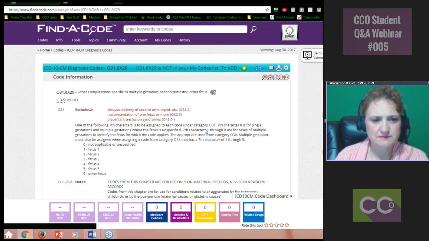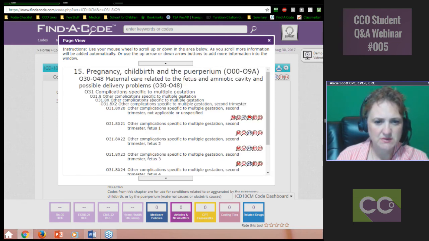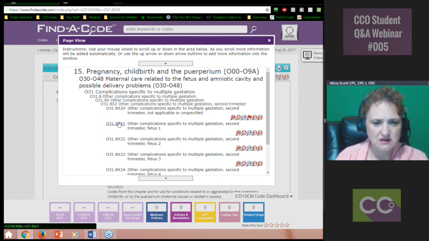Okay. This is so good to get in there and look. Complications specific to multiple gestations. It's not applicable. Let's see what this one says. But I think it gave us a list.